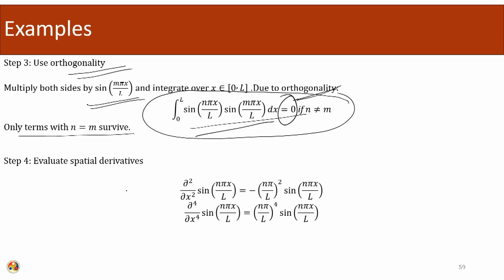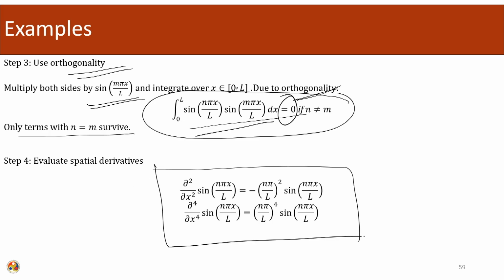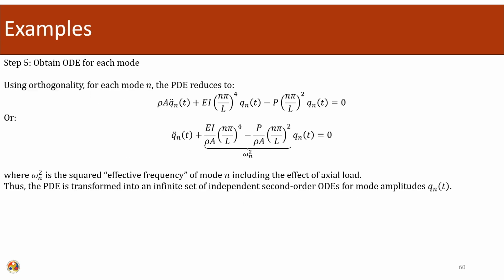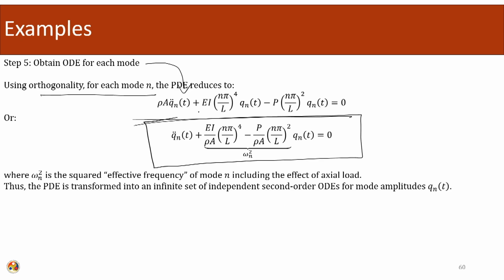After that, we will evaluate the spatial derivatives. And when we put this back into the partial differential equations, using orthogonality, this will be reduced to the equation, where this equation is representing the ordinary differential equation for each particular mode.